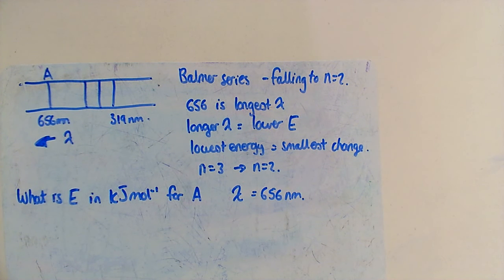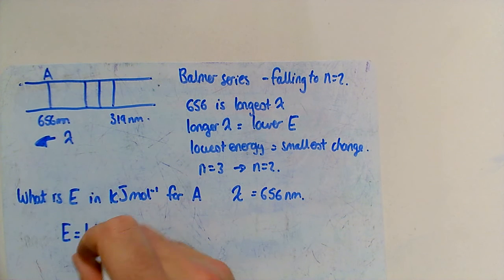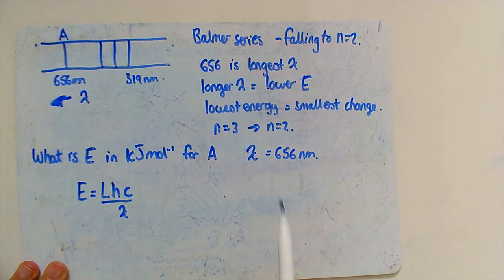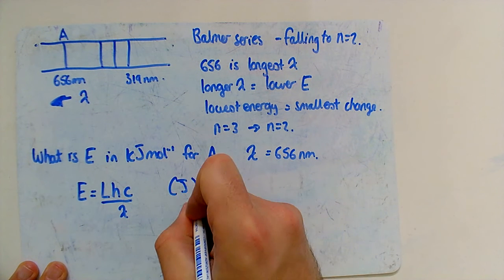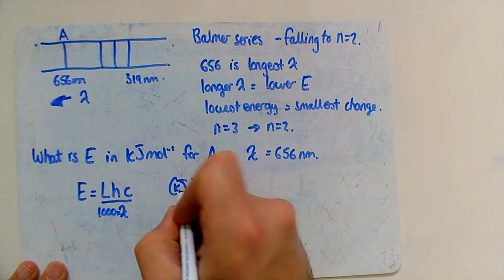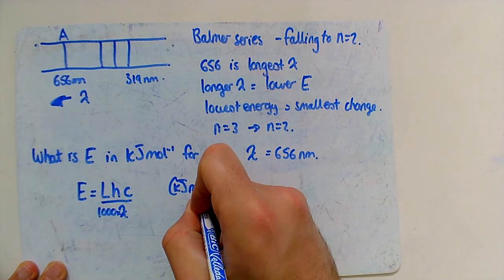So the equation in this instance is E equals LhC over lambda, but that only works it out in joules. If we multiply by 1,000, we get it in kilojoules per mole.